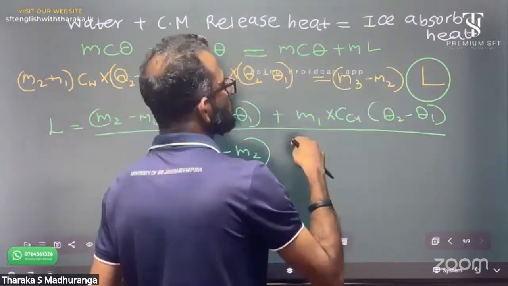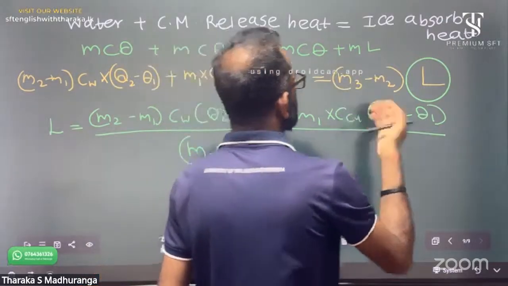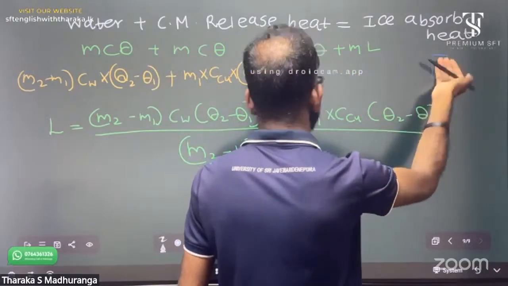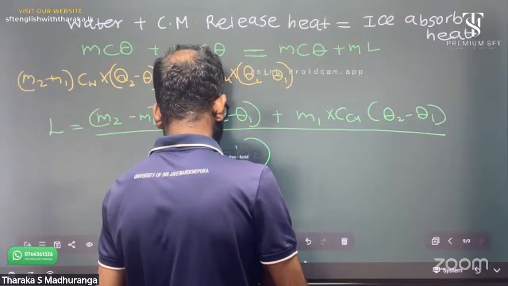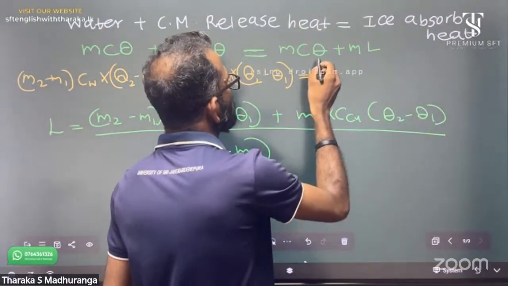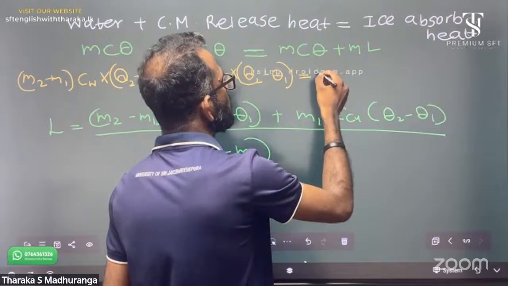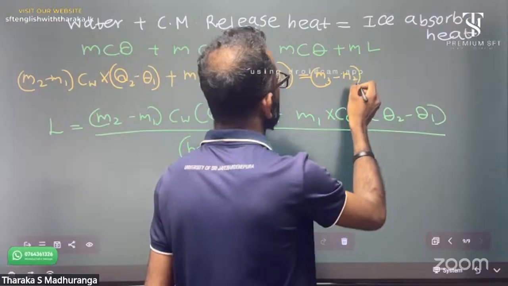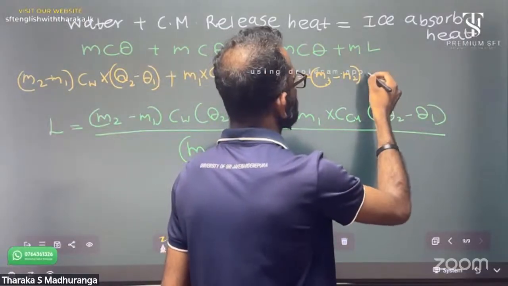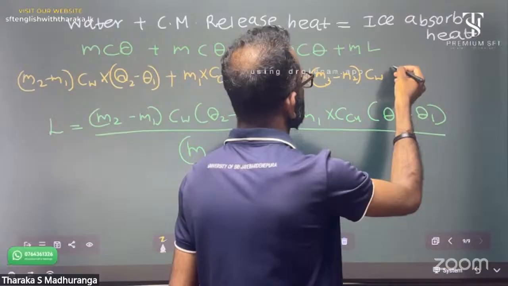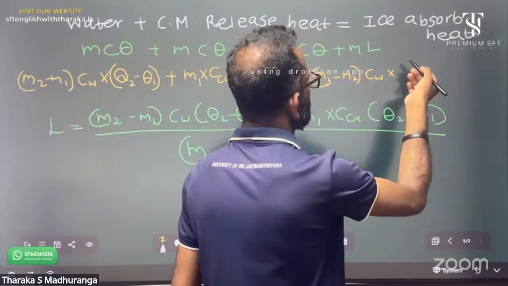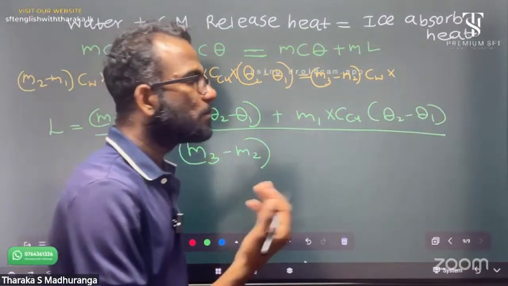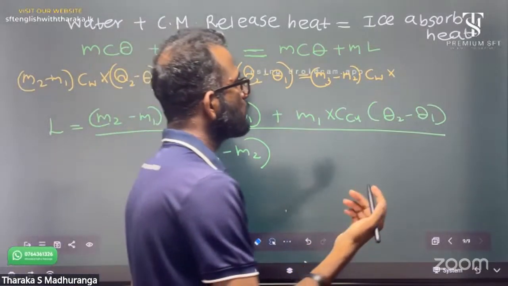Here we have to add mc theta: the mass of ice, M3 minus M2, specific heat capacity of water CW, times theta 2, the final temperature, minus 0.